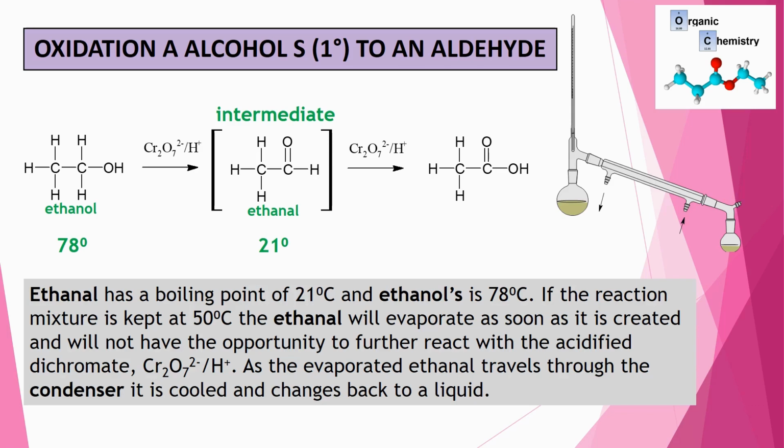If it's at 50 degrees, then the ethanol is not hot enough to evaporate or boil off, so we're not losing that, it stays in the mixture to react. But it is hotter than the boiling point of the ethanal, so that will go down the tube and into the collecting flask.